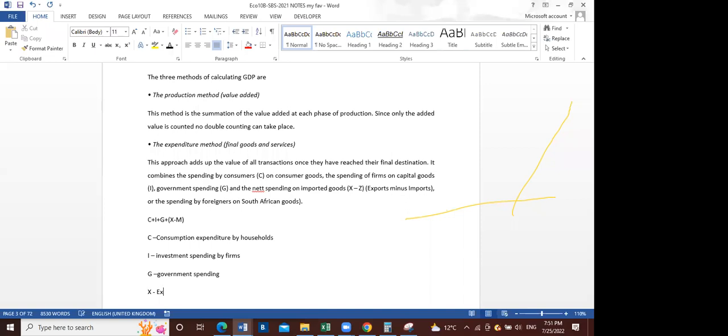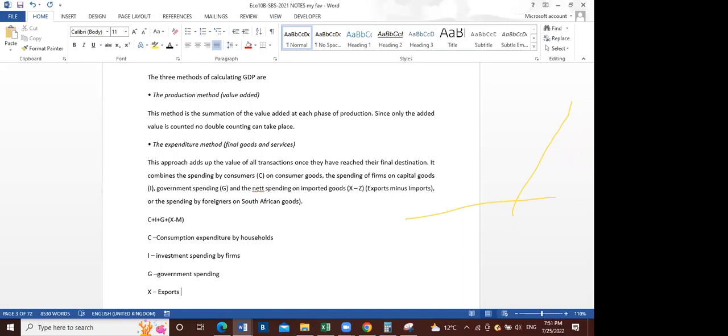Then we have exports. So basically, this is the export receipts from the foreign sector. When we export goods and services, the economy is receiving an amount of money, or rather an amount of income or wealth.